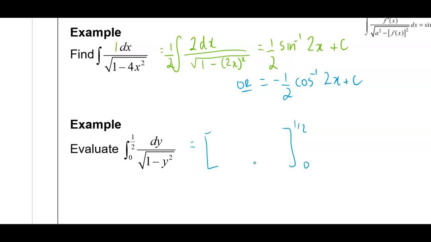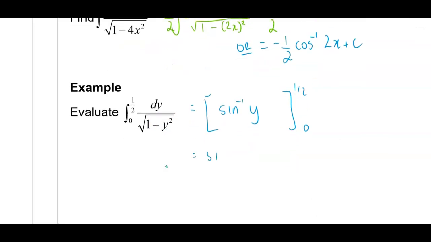Answer: between a half and 0, sine inverse of the function, which is y. So note the rule's got the function squared, and we pop the function up there. So the function squared is y squared, so the function is y.